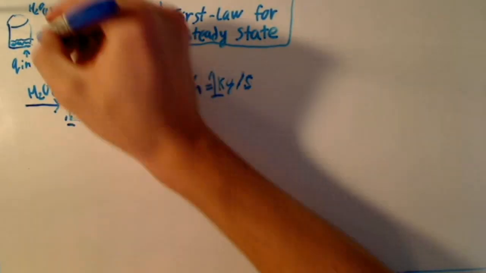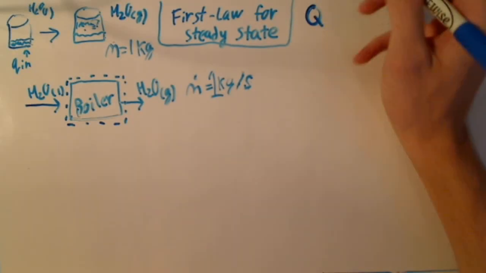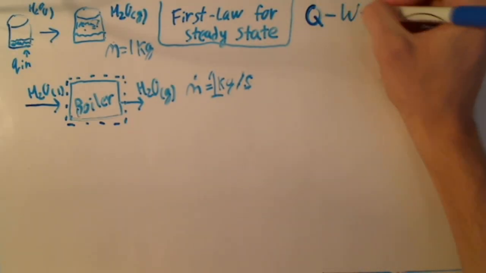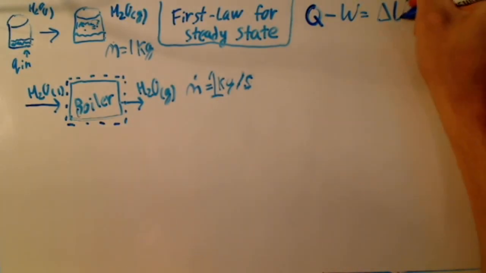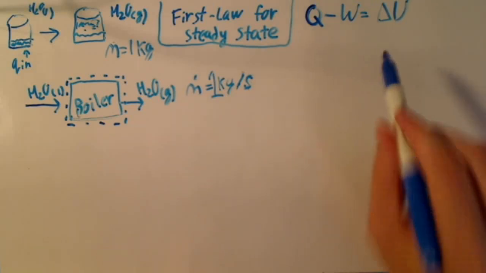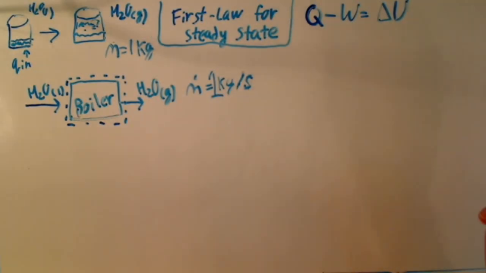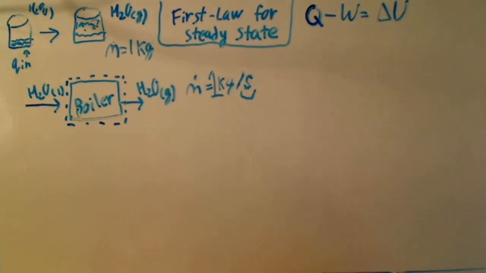So before, in control mass, when dealing with the first law, we had Q minus W equals the change in internal energy. We still have that. It's not going to look like it at first, but it really is pretty much the same equation, just taking into consideration time.